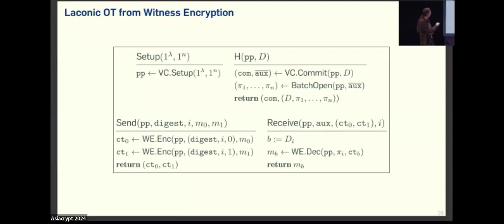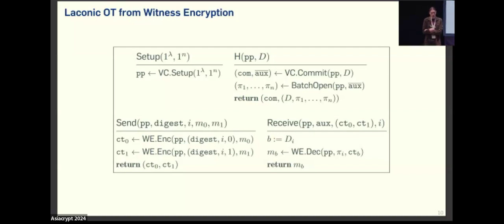This is basically what Bob uses to compute the digest at the beginning, so basically his commitment to his database. There he commits to the database using the KCG commitment. And then he directly batch opens all of the positions of the commitment. This is done because it's much more efficient than individually opening at a later point.